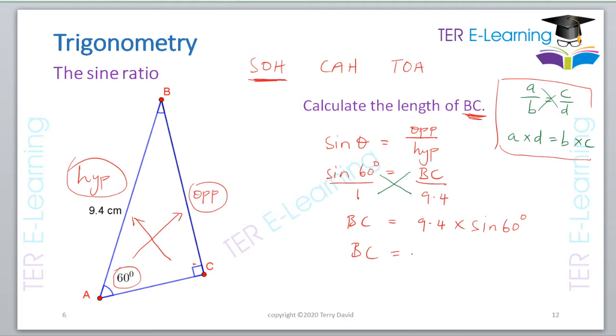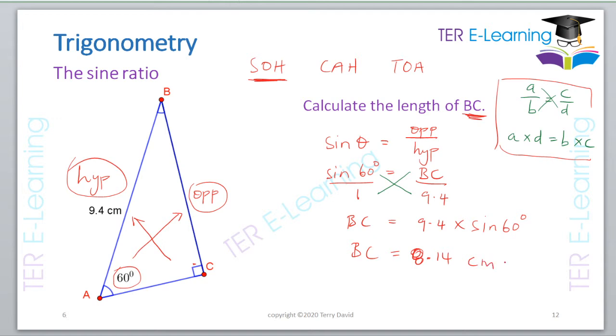Alright, so I see Shiri's got 8.14. Alright, Danica also got 8.14. So 9.4 multiplied by sine 60, the answer is actually 8.14.